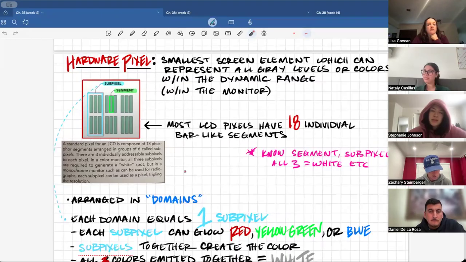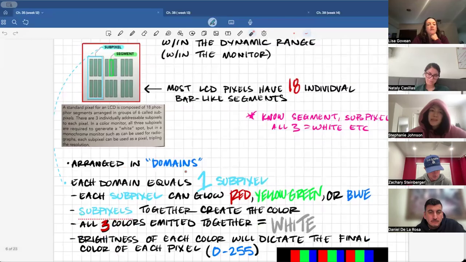I think it's domain and segment, because the subpixel is the whole row. It's six of them, the subpixel. Yeah, six segments make up a subpixel. Okay, so a domain can be interchangeable with a segment.